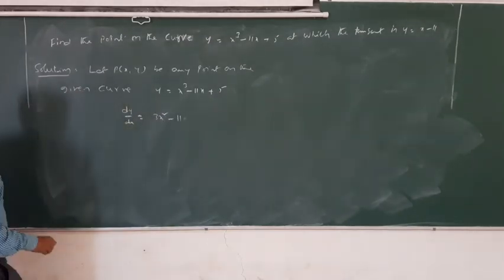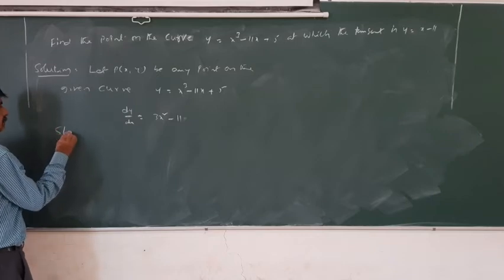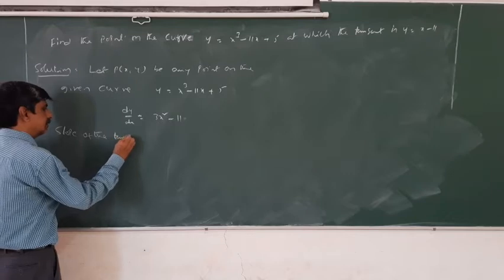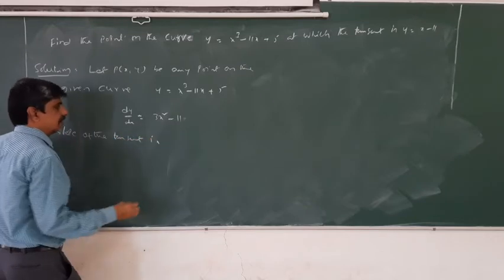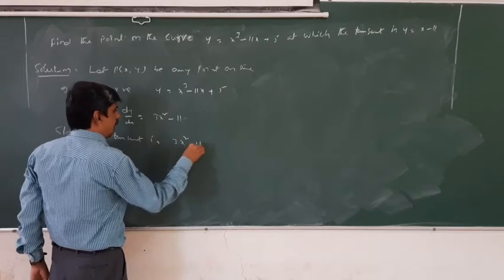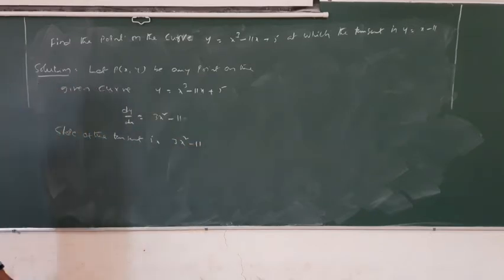So the slope of the tangent is 3x square minus 11.